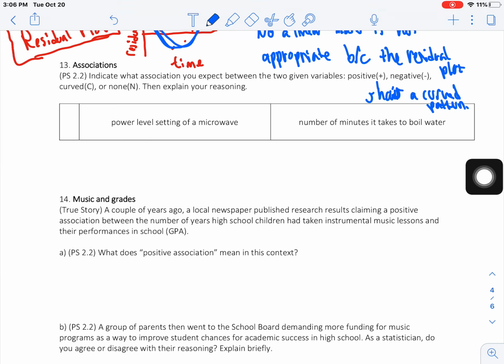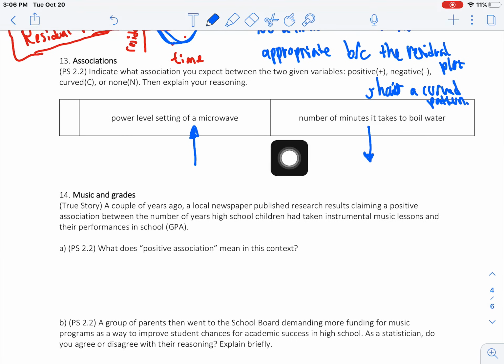But I would assume that if the power level of the microwave is increasing, so if we have a stronger microwave, I imagine the number of minutes it's going to take to reach boiling is probably going to decrease. So if I have a really strong microwave, it should take less time to boil. So since one of our variables goes up and the other goes down, this is a negative association.